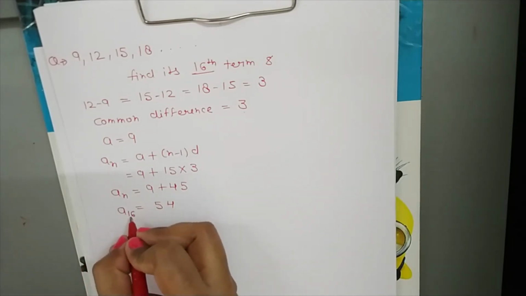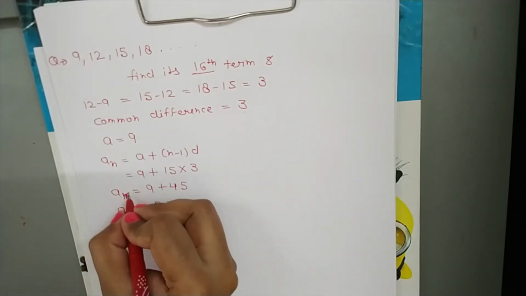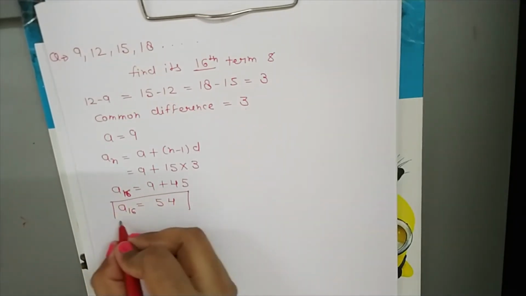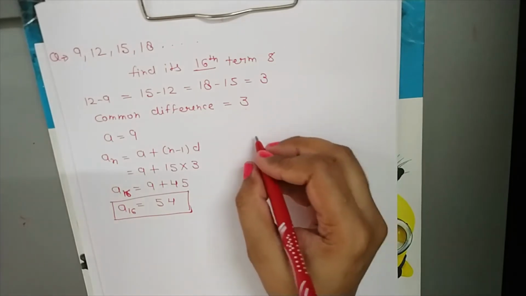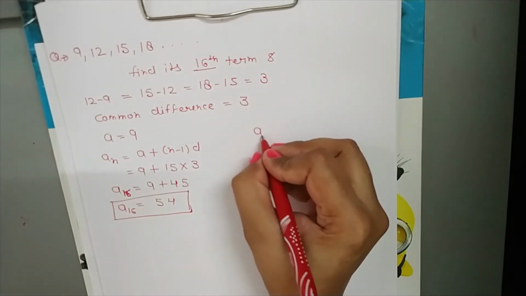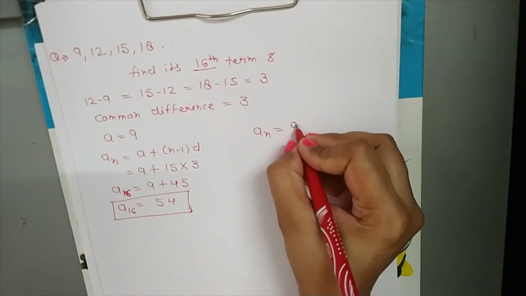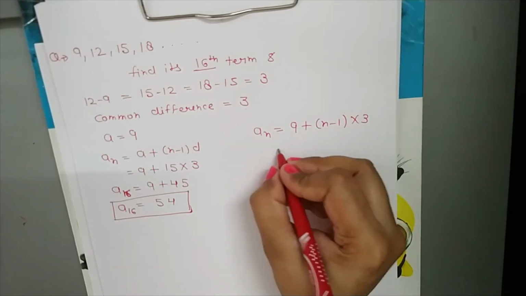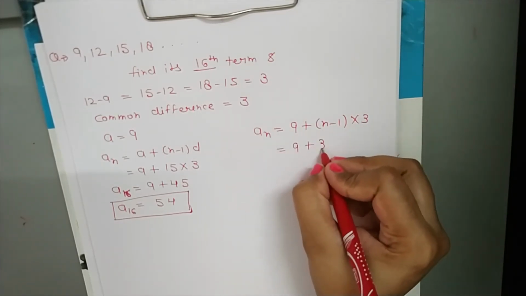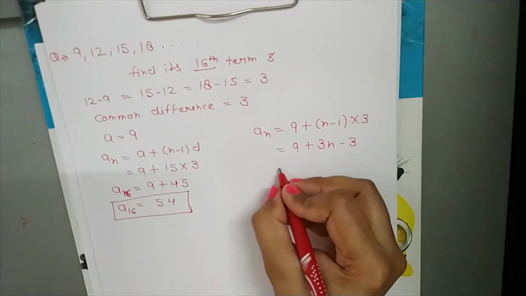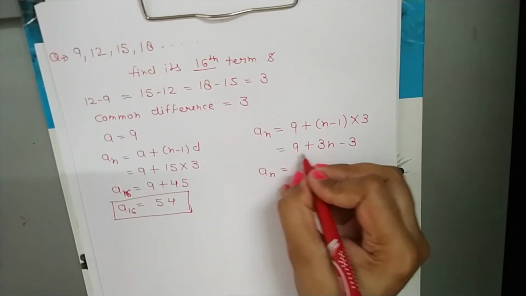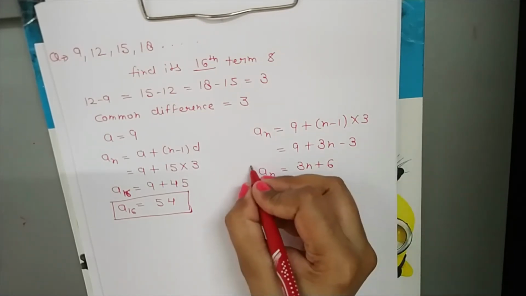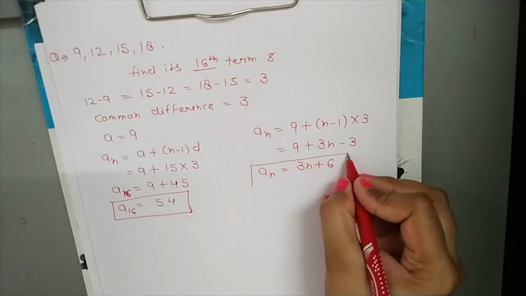So a16 is equal to 54. Now find its nth term. So an = 9 plus (n - 1), d is 3. So we multiply: 3n - 3, that is an = 9 - 3, that is 6. 3n + 6. This is the nth term of this sequence.